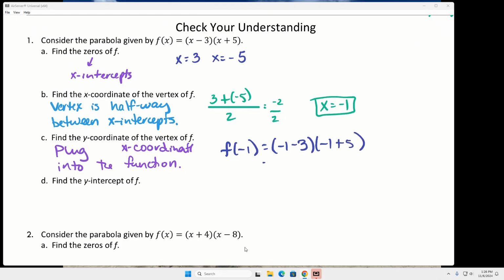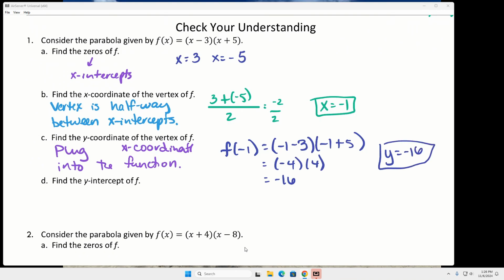Now you may not have a ton of experience plugging it in when it's in factored form, but it doesn't matter. X is x no matter what form it's in. So just put negative 1 in for all the x's. You're going to get negative 4 times 4, which is going to be negative 16. So that's the y coordinate of the vertex.